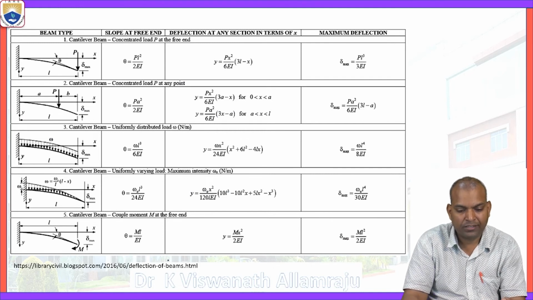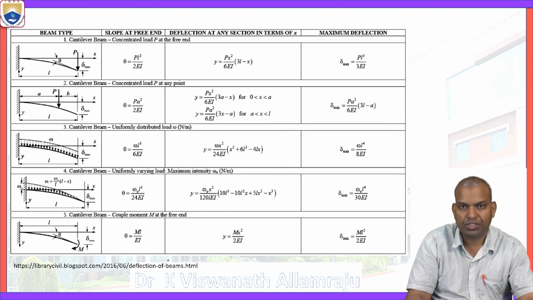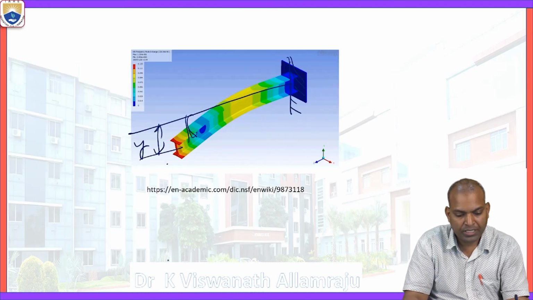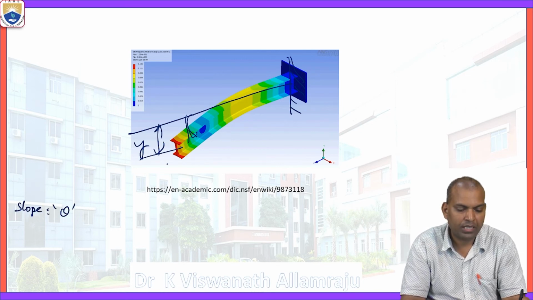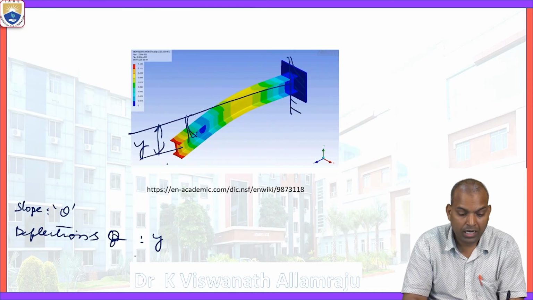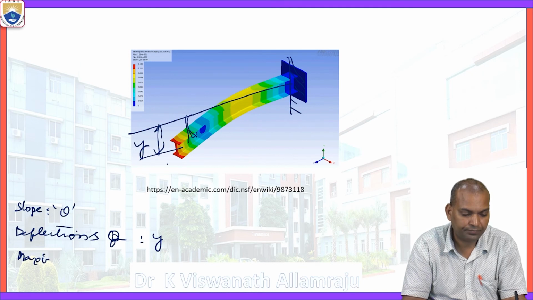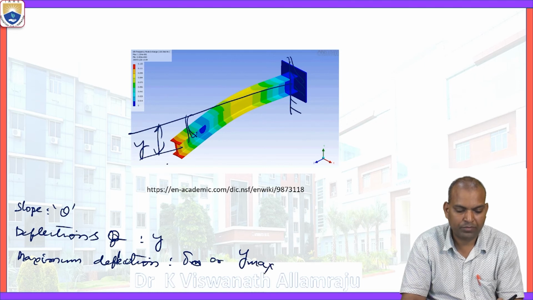So there are various methods to calculate the deflection and slopes. The slope is denoted by theta, the deflection is denoted by y, and the maximum deflection is denoted by delta or y maximum.